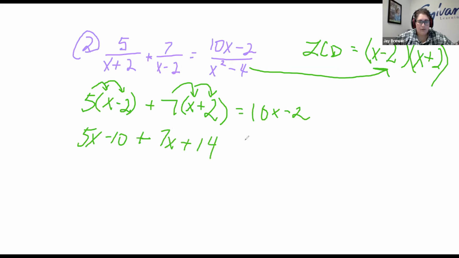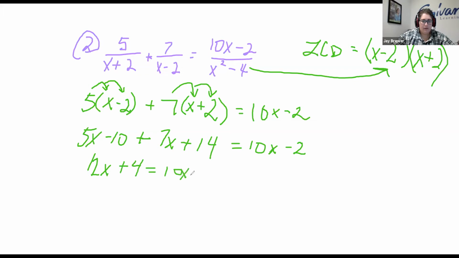And I apologize if I end up going a little bit fast, but since we've covered everything at this point, it's purely for the review aspect. Okay. So, all right, if we have 7x and 5x together, we're going to have 12x. And then 14 minus 10 will give us a positive 4. So we have 10 over x minus 2.